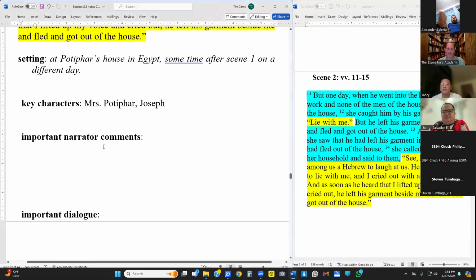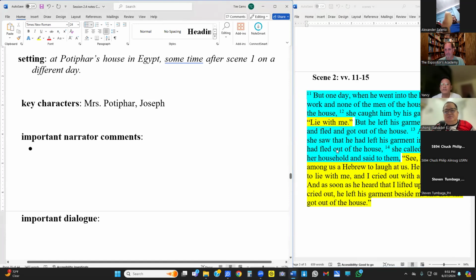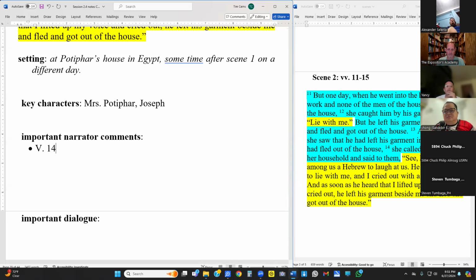Now, important narrator comments. Anything that the narrator says that seems significant here? She called the men of her house. As soon as she saw that she had a garment left in her hand, she accused.